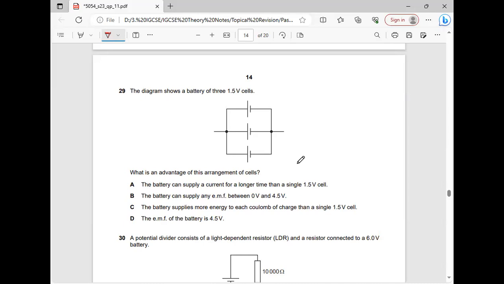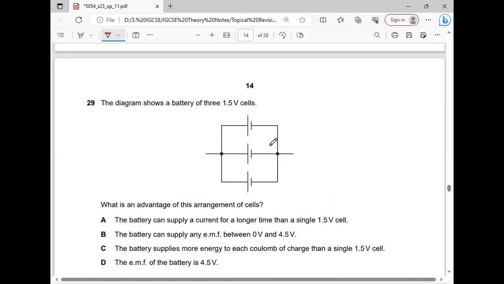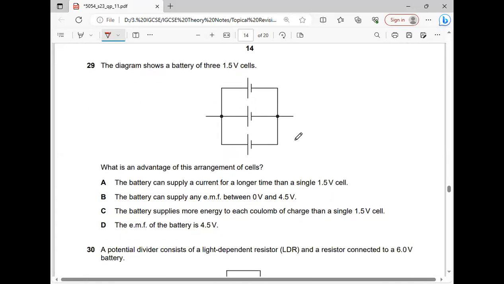Question number 29. The diagram shows a battery of three 1.5 volt cells. What is the advantage of this arrangement of cells? All cells are of 1.5 volts. Now this battery is made by combining the cells in parallel combination, and we know that in parallel combination there are particularly two advantages.